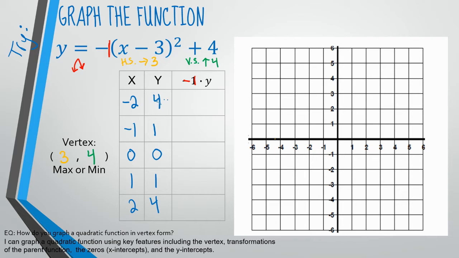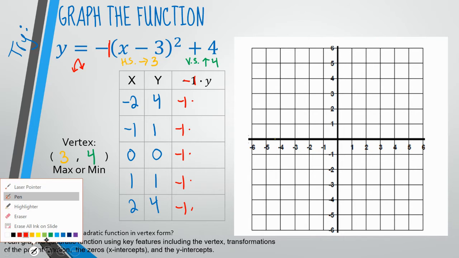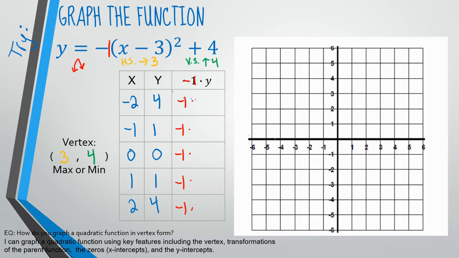Instead of going at 4, it's going to be -1 times 4. I'm going to go ahead and write that number all the way down since I have that color. And we're going to times it by that y reference point, which is 4, so that's going to be a -4. This is going to be 1, so that's going to be a -1. This is going to be 0, it's going to be 0. It's going to be 1, it's going to be a -1, and so on and so forth.